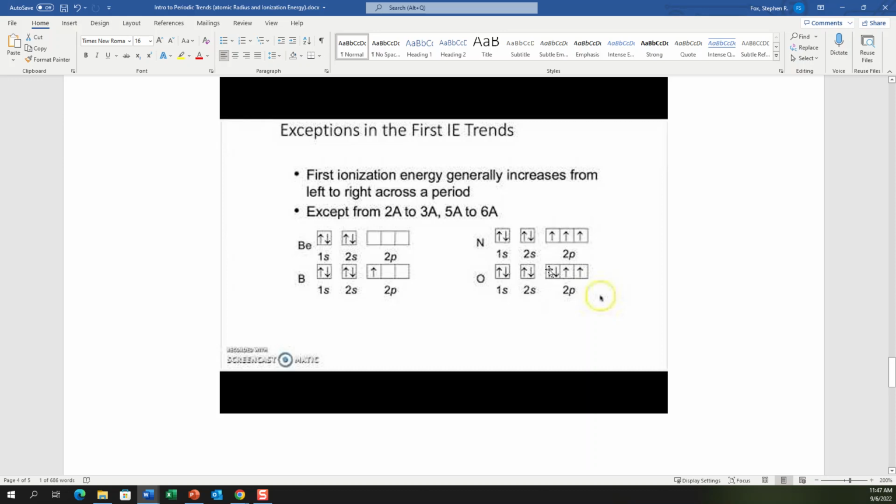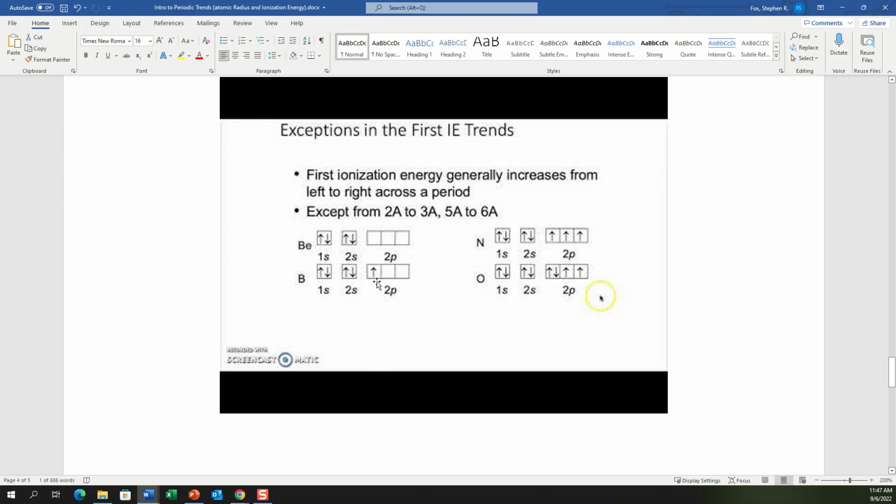But oxygen does have 2 electrons that are paired in one of those orbitals. And remember, we get electron-electron repulsions within that orbital. And so even though oxygen is a +8 and slightly smaller, because we have those extra electron-electron repulsions in this orbital that we don't have in one of the p orbitals from nitrogen, it's actually going to be a little bit easier to remove that electron than one of those electrons. Okay?